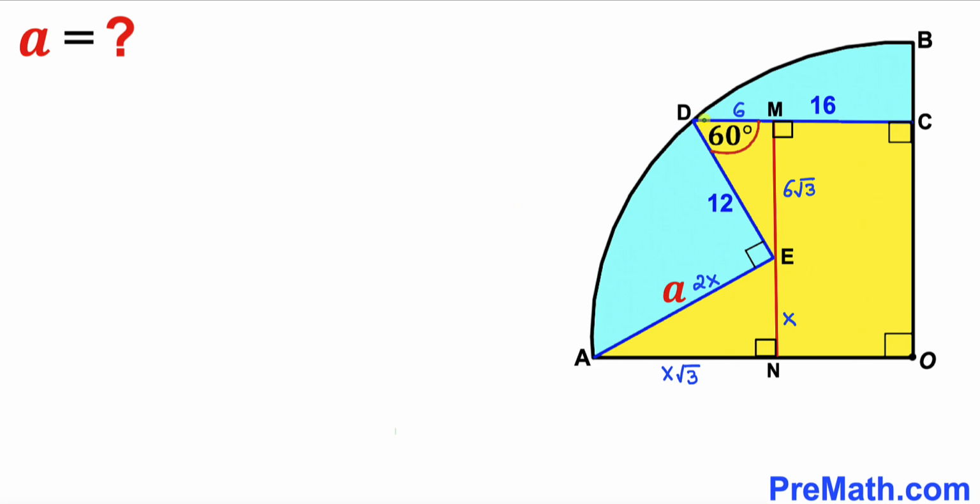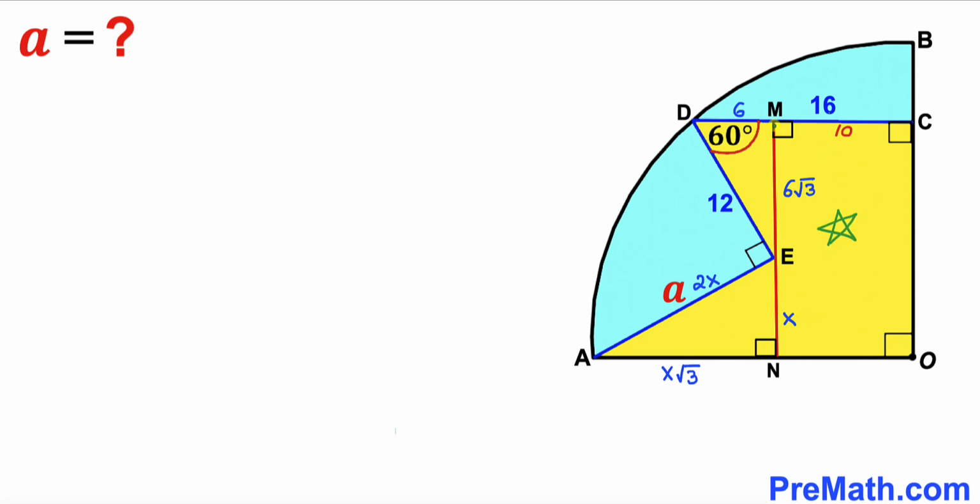Here's our next step. Let's make an observation. We know that the whole side length CD is 16. This tiny side length DM is 6. So side length MC is 16 minus 6, which gives us 10 units. Now we can see that this is our rectangle NOCM.